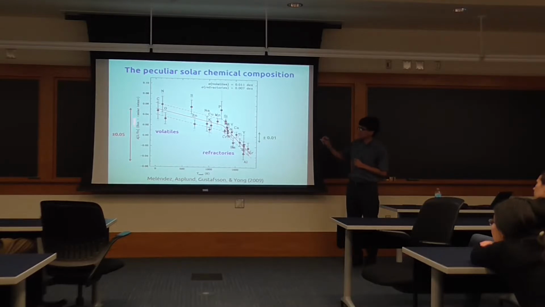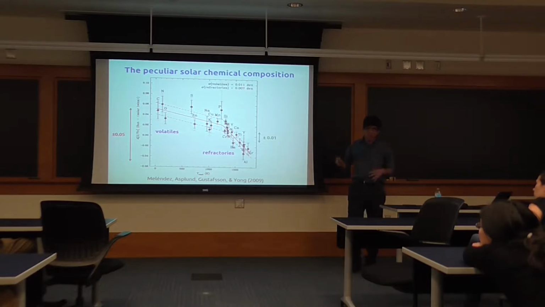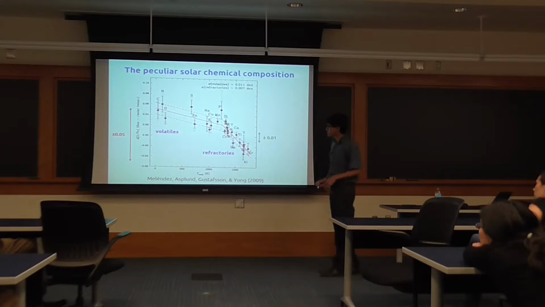And again, you couldn't see it before because the error bar was too big. If you make a fit like this, a broken line, then the sigma, which is the 1 sigma scatter element to element, would be about 0.01 dex, which is the error that we expected. So everything seems to be observationally very sound, even this correlation.